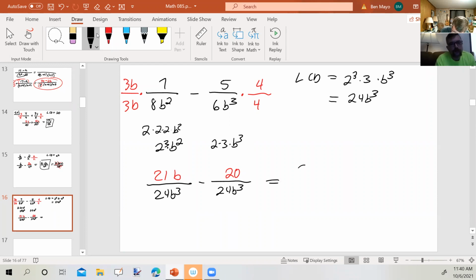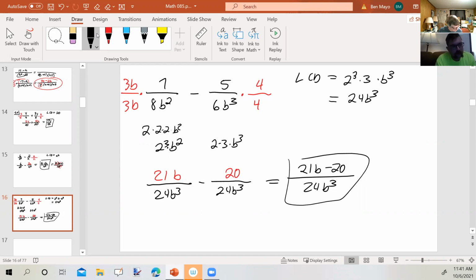So I'm going to subtract the numerators, 21b minus 20 over 24b cubed. There's nothing I can do to the numerator. I can't factor anything out of it to see if it will reduce with the denominator. So that's my final answer. All righty. Any questions there?